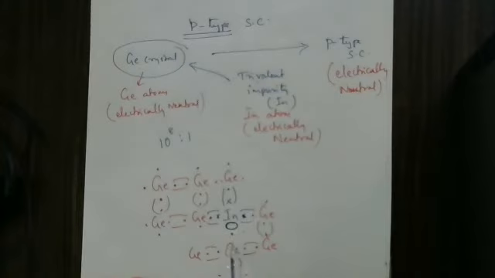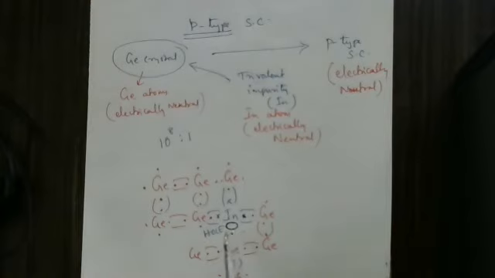This shortage of an electron is called a hole. This is the hole; a hole is said to exist here. Shortage of an electron.